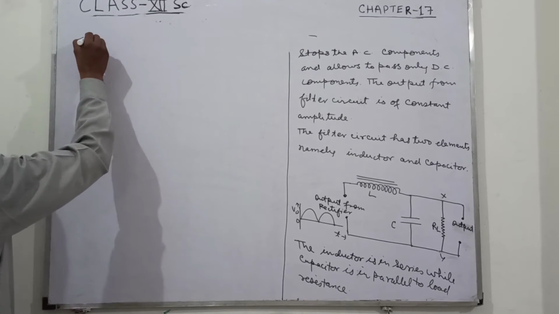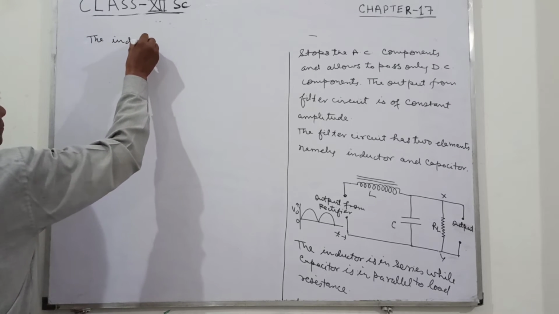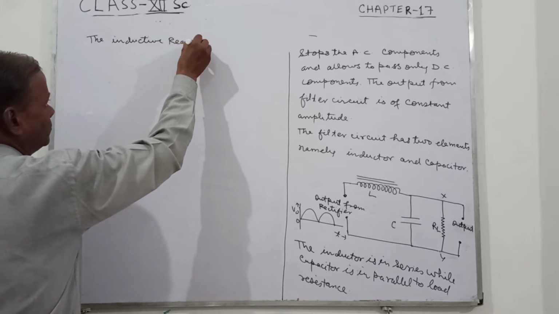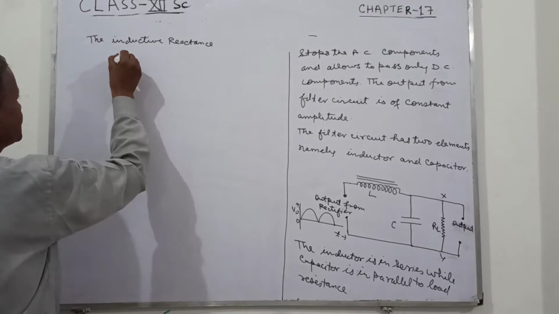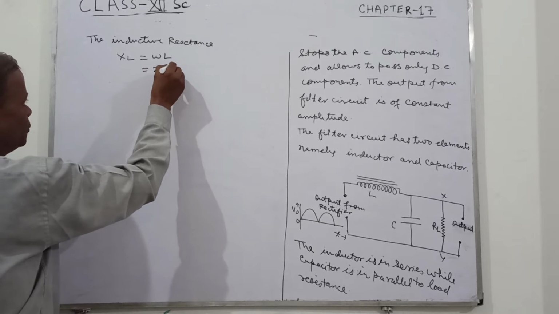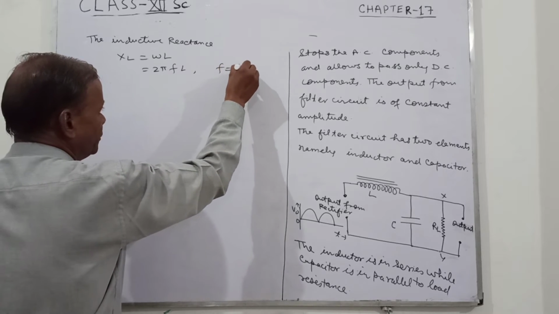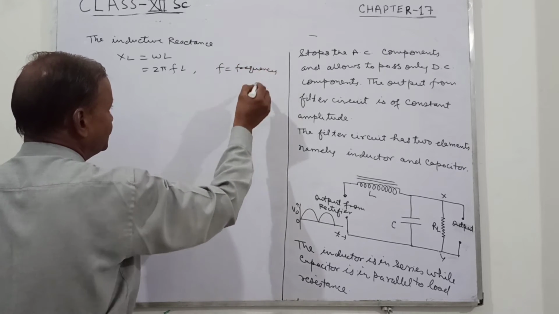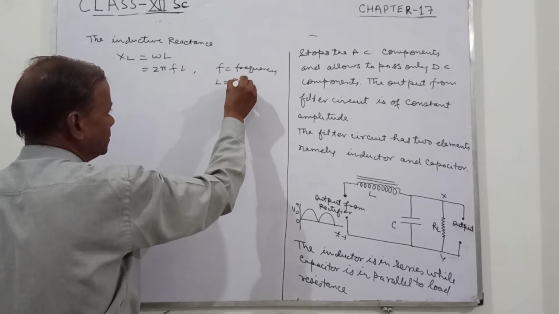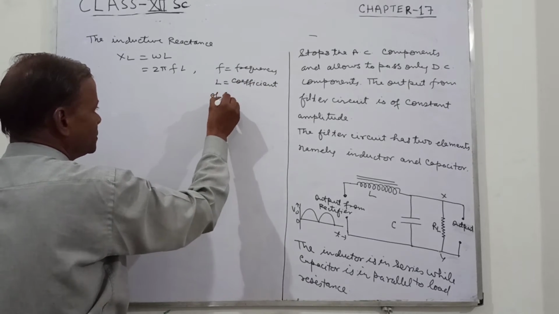the inductive reactance XL equal to omega L, and this is equal to 2 pi fL, where f is the frequency and L is the coefficient of self-induction.